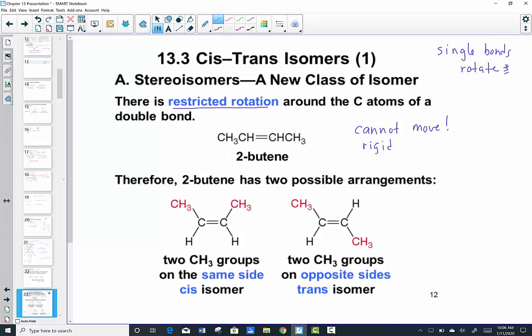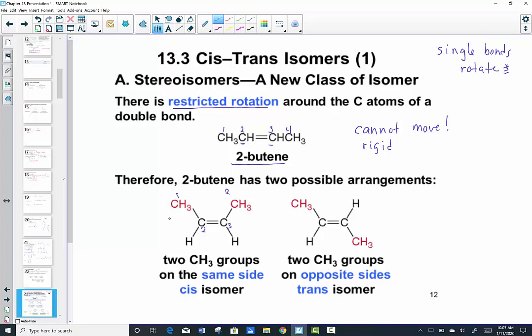So therefore, here's a molecule called 2-butene. Notice I have 4 carbons in a row, and the location of the double bond is between carbon 2 and 3. We actually have 2 different spatial arrangements for this 2-butene. If I connect carbon 2 and 3 in a double bond, remember that this is fixed rotation, a rigid, very restricted group. That double bond cannot rotate in space. Carbon 1 and 2 have a choice of connection.